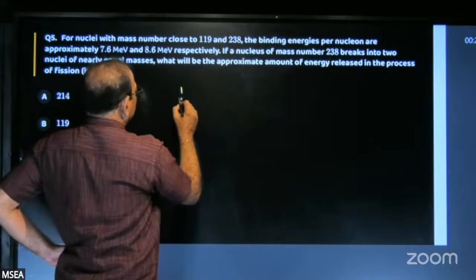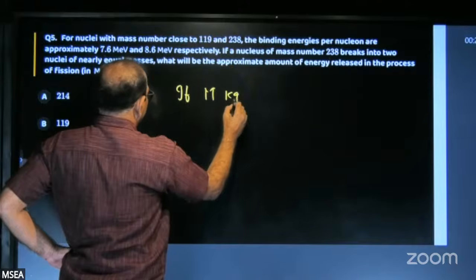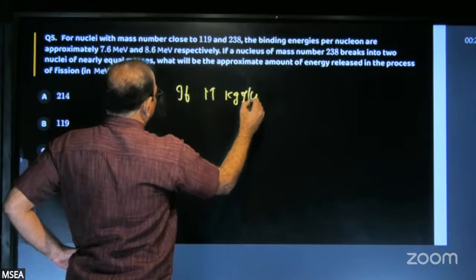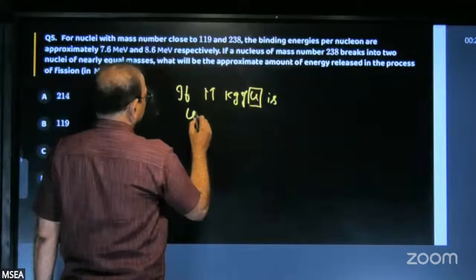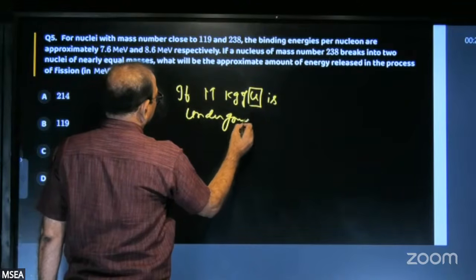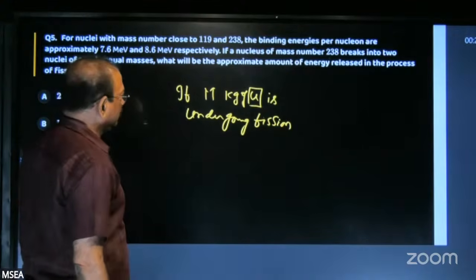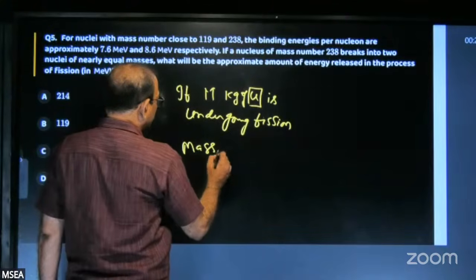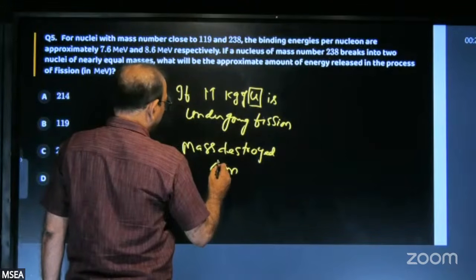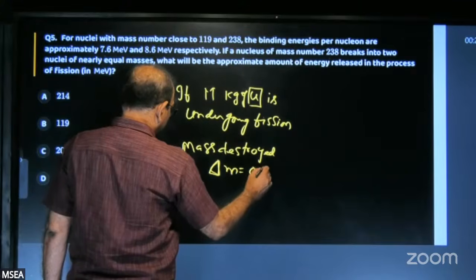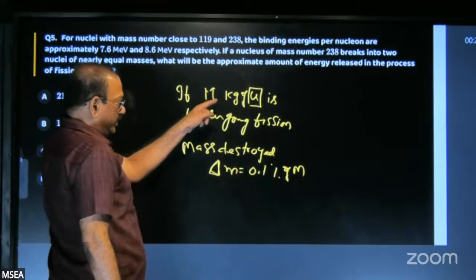In this fission, if m kg of uranium is undergoing fission, then the mass destroyed, the mass converted into energy, is 0.1% of m. M kg I am taking, observe, kg only.